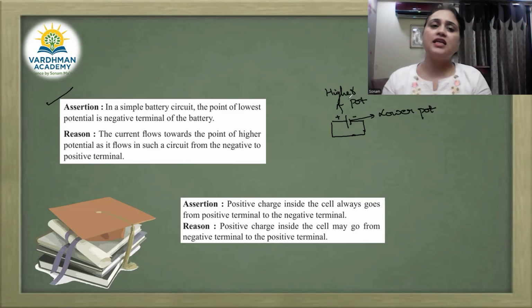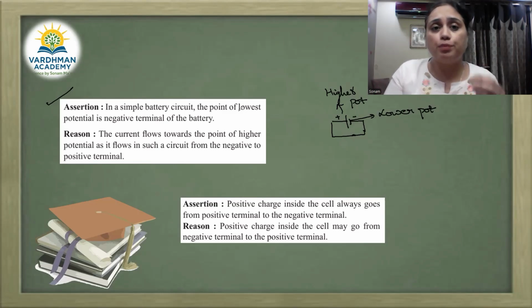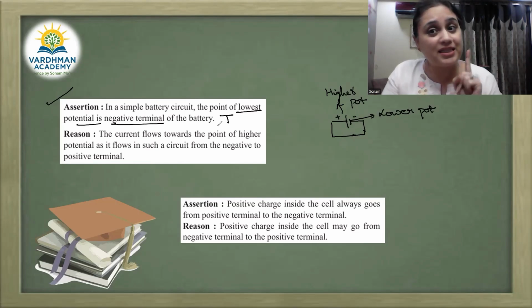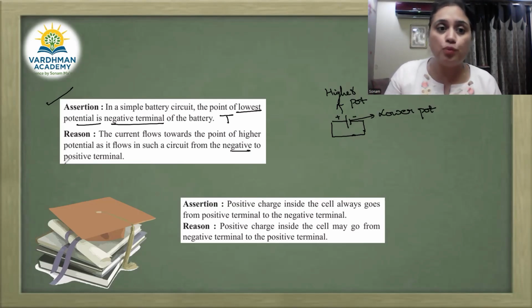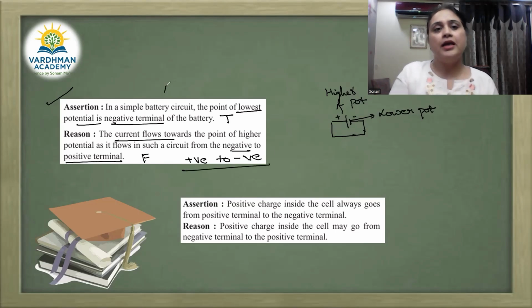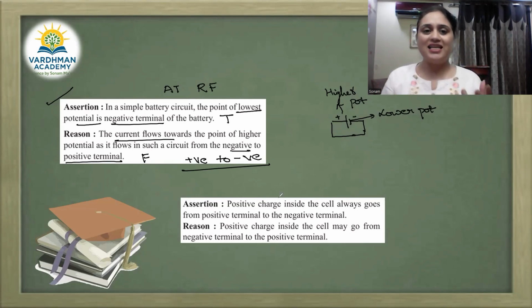In a simple battery circuit, the point of lowest potential is the negative terminal of the battery. That statement is absolutely true. The reason: the current flows from the point of higher potential as it flows in the circuit from negative to positive terminal. This statement is false, children, because the flow of current is always from the positive terminal to the negative terminal. So here assertion is true, but reason is false.